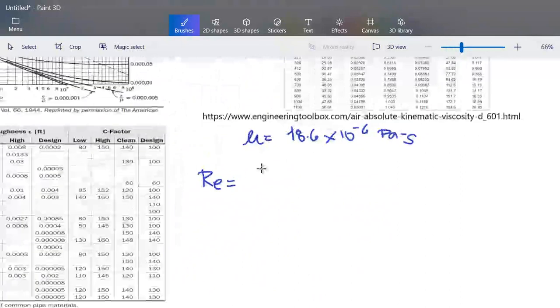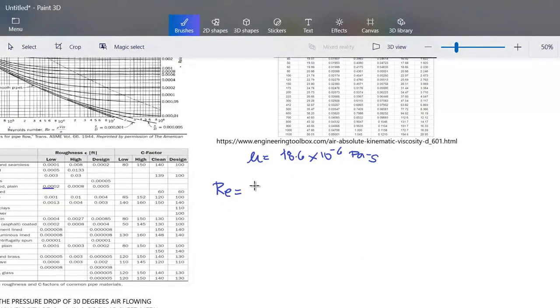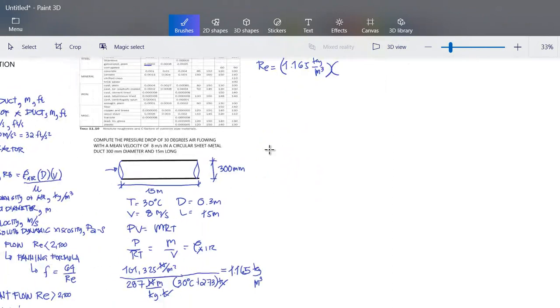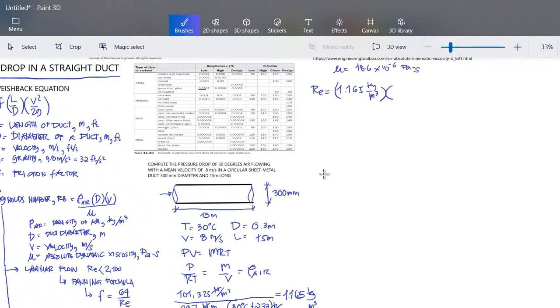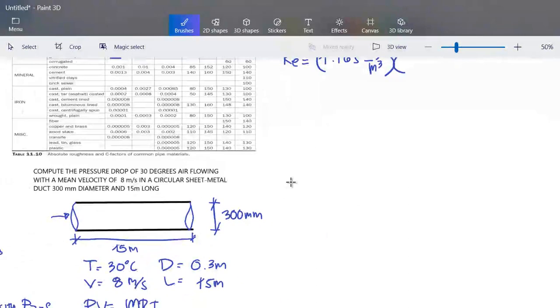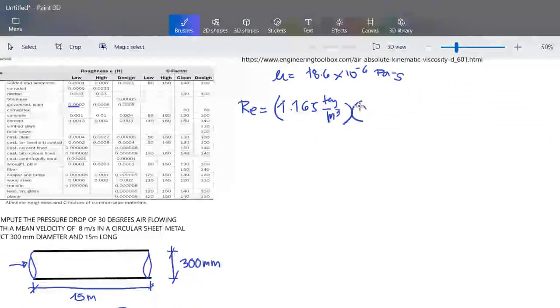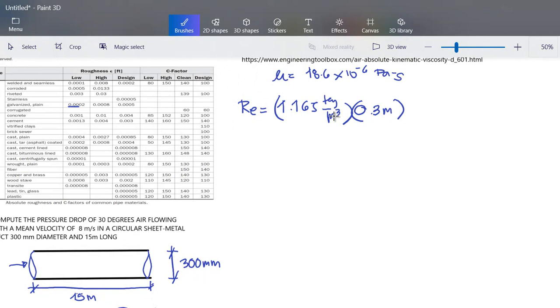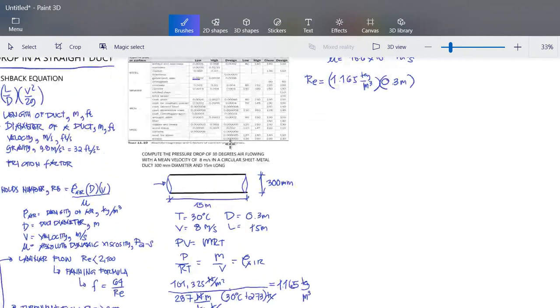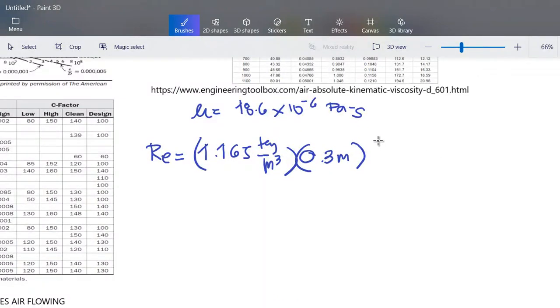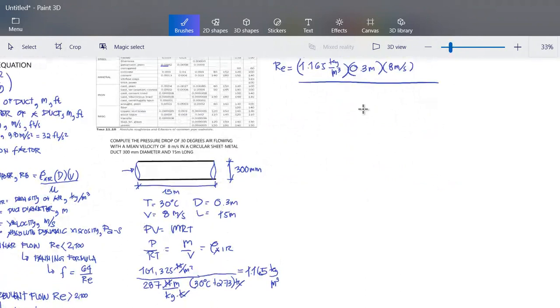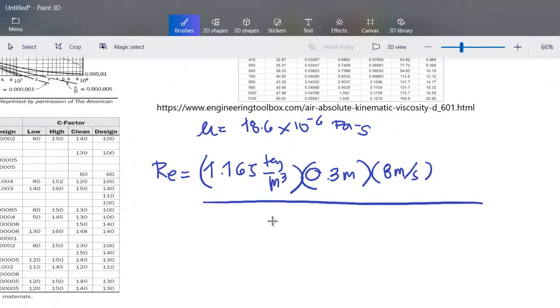We have your density of air, which is 1.165 kilogram per cubic meter, then multiply by the diameter, which is 0.3, then the velocity, which is 8 meters per second, then divided by your absolute dynamic viscosity, we have 18.6 times 10 to the power of negative 6.